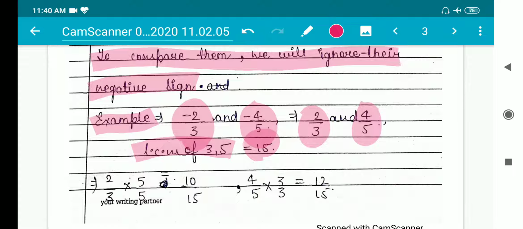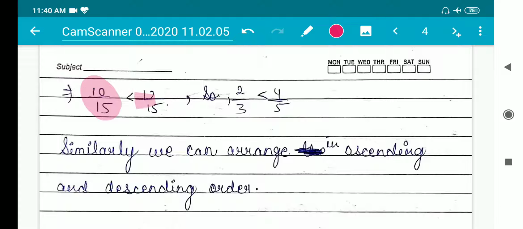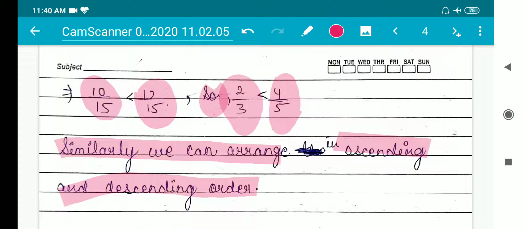So 2 by 3 into 5 is equal to 10 by 15, and 4 by 5 into 3 is 12 by 15. So we get 10 by 15 and 12 by 15. As we can see, 12 by 15 is greater than 10 by 15, so 2 by 3 is lesser than 4 by 5. Similarly, we can arrange in descending and ascending orders also.